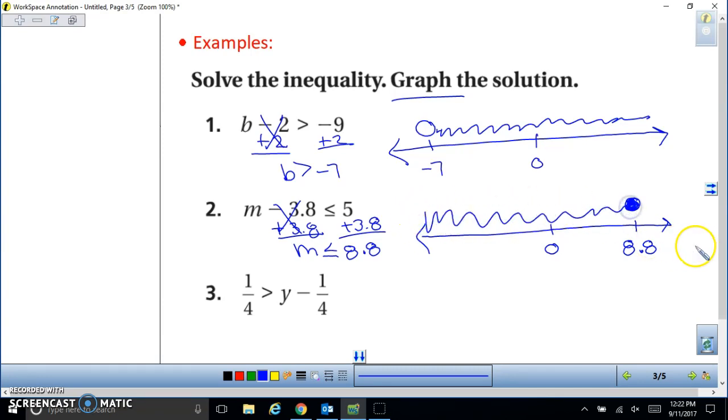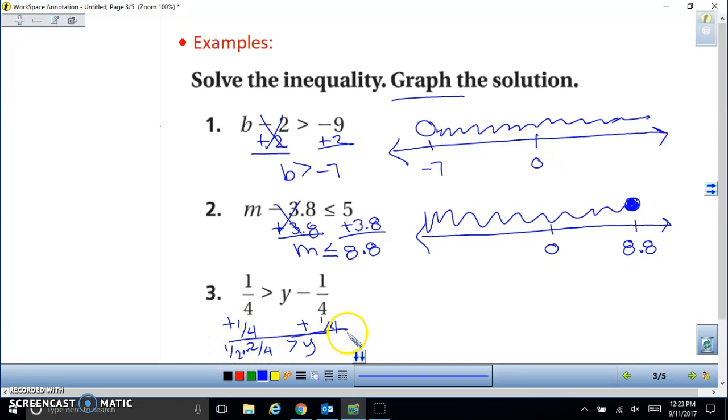Alright, next one, we have y minus 1/4, so we are going to add 1/4 to both sides to keep the statement true. Now y is less than 1/4 plus 1/4 is 2/4, which is 1/2.